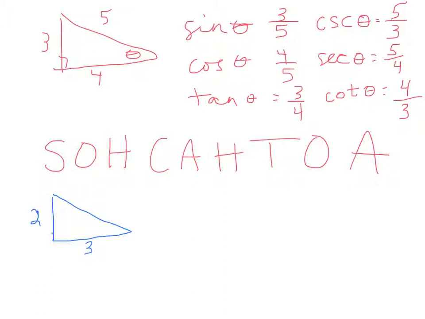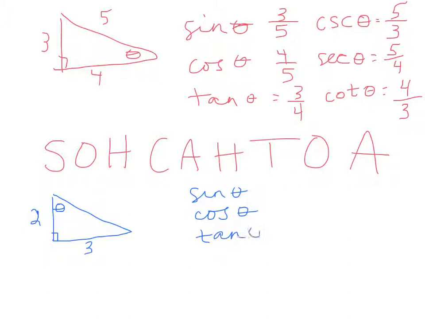So I'm giving you this, and that's all I'm giving you. And then I'm going to give you that this is theta up here. That little angle right there is theta. This is my right triangle. I'm giving you 2 and 3, and that's all I have given you. And from that, you should be able to give me all 6 trig functions.